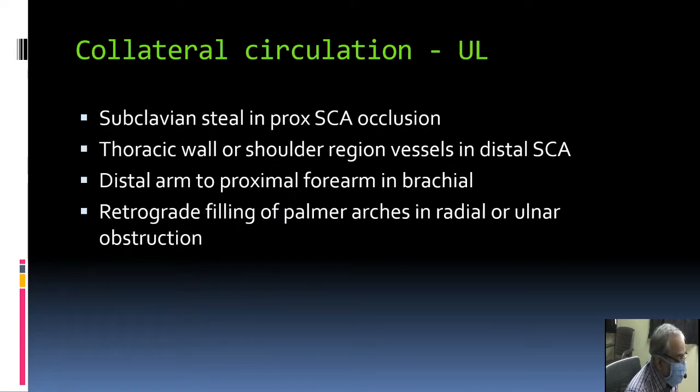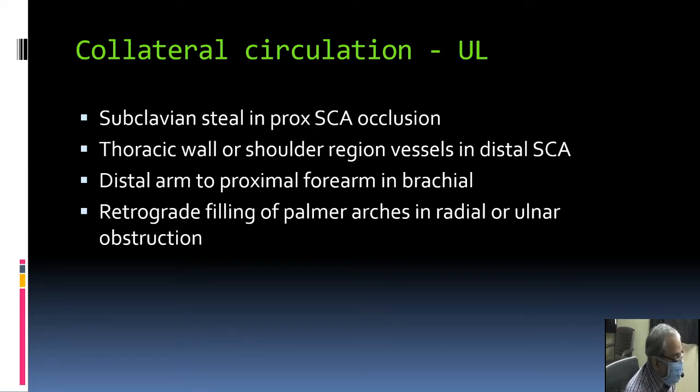The collateral circulation in the upper limb, as we have said, in the proximal subclavian artery, the steal will be through the vertebral artery. If it is in the distal subclavian artery, then the arteries around the thyrocervical trunk and the mammary arteries may act as a collateral.